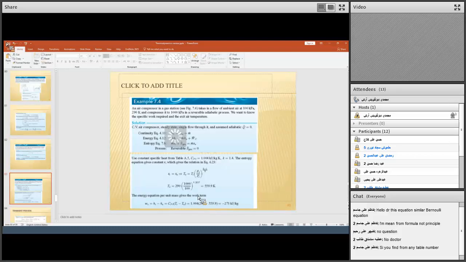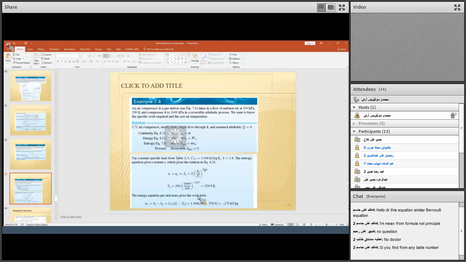We want to know the specific work required and the exit air temperature. So the compressor is a control volume. According to the assumption of the example, the process is adiabatic. So the rate of heat transfer to the environment is equal to 0.